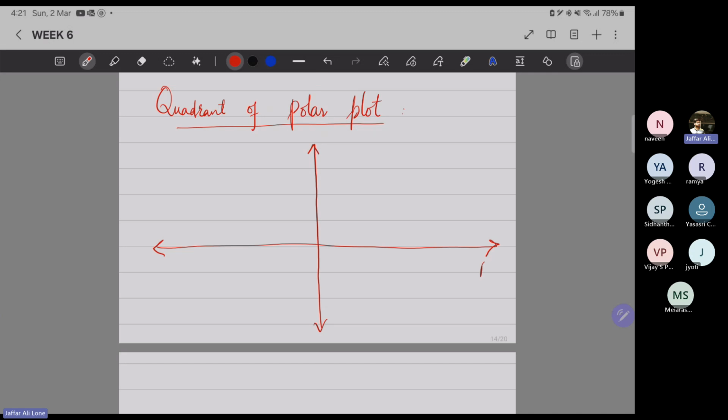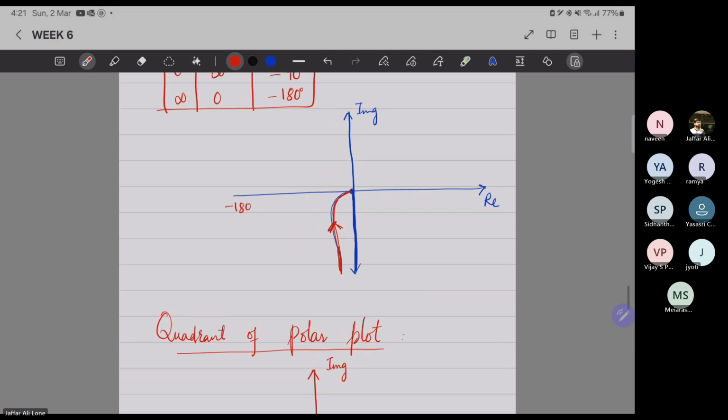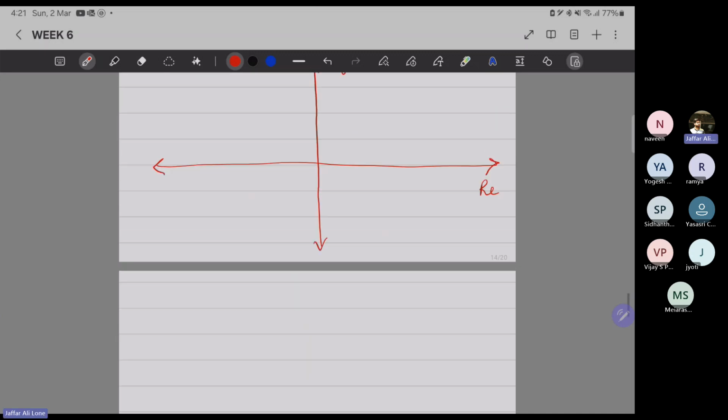You have the real part and the imaginary part. Oh, sorry, I forgot to mention one thing. In this polar plot, the starting point is called the tail, and the end point is called the head.